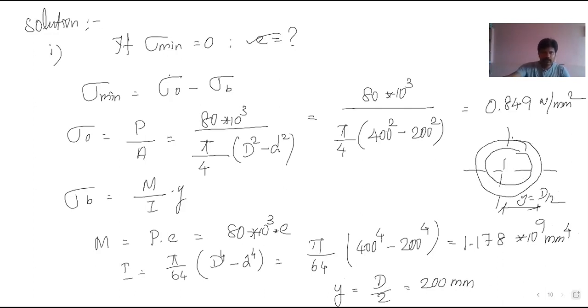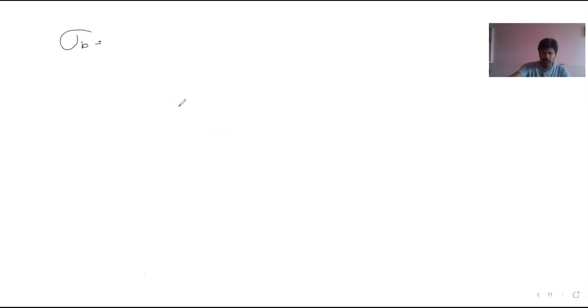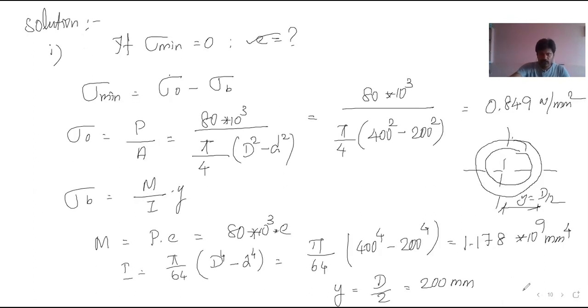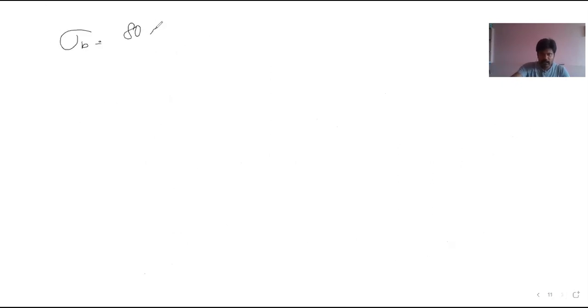So next, sigma b is equal to M by I into y, so 80 into 10 cube e divided by I value, 1.178 into 10 to the power 9, into y value of 200 mm.